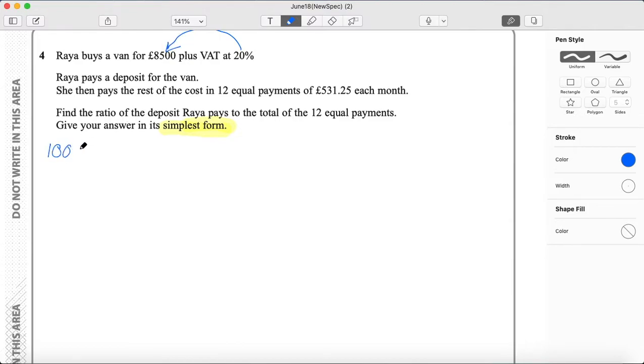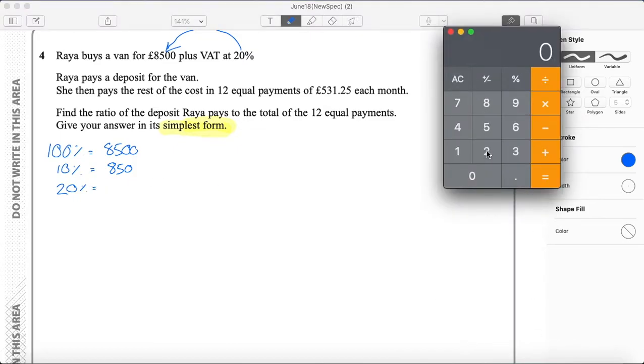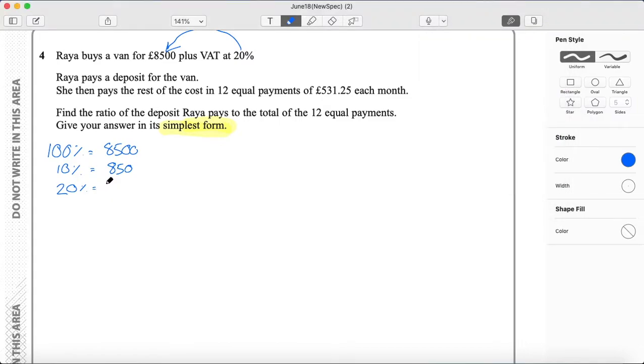So 100% is 8,500, 10% is 850, times it by 2 both sides, sorry, these are all equals, gives 20%, and me being very careful, even for the most simple question, 1700 is 850 times 2, so 20% is 1700. So that's how much her VAT was on her purchase.